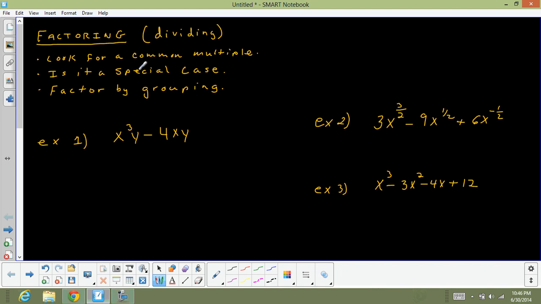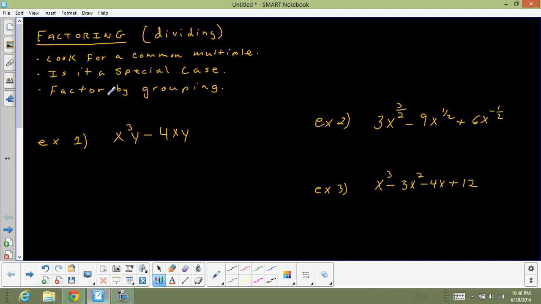The first thing you do when you have an expression and you want to factor it, you want to split it apart, is to look for a common multiple. And by a common multiple, we mean a common variable between terms, a common coefficient between terms, or of course a constant multiplied value for all terms in the expression.